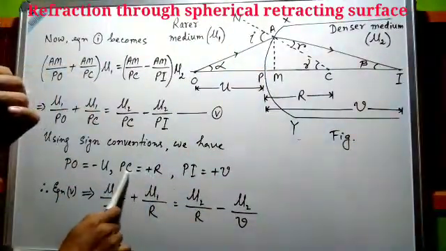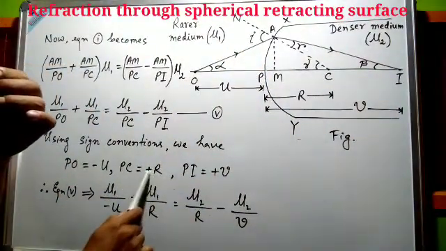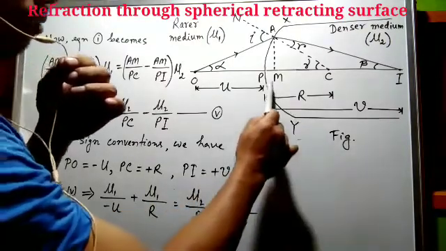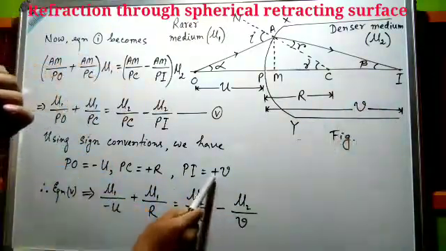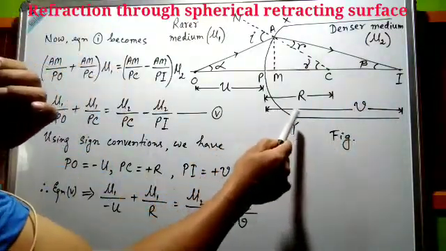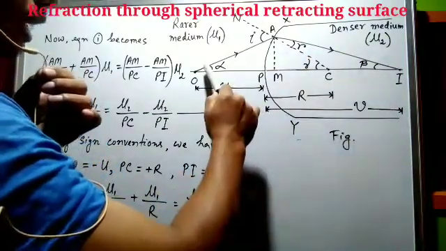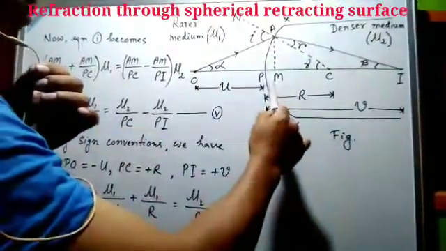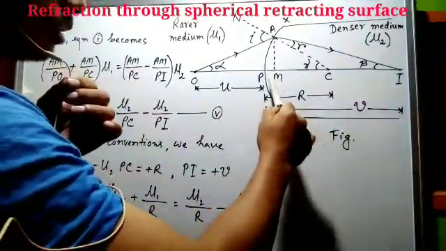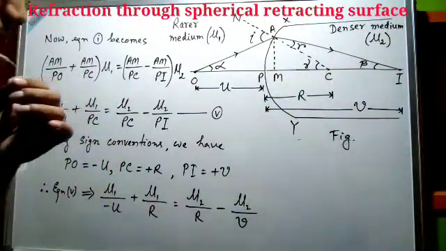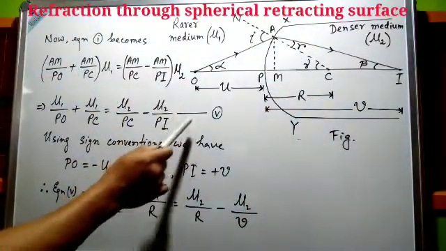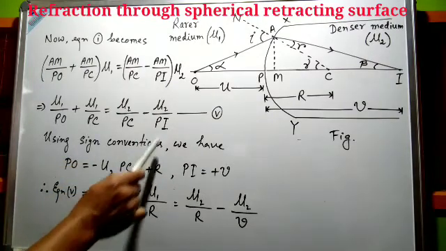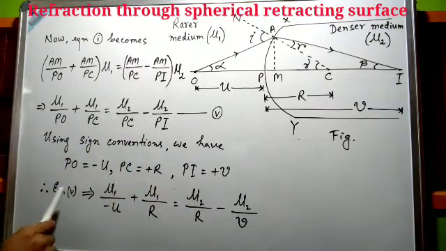So PC is a positive value, plus capital R. Then image distance PI is v. The direction of measurement of image distance, that is from P to I, is along the direction of incident light ray OA, so the image distance is positive. In equations 4 and 5, PO is minus u, PC is plus R, PI is plus v.